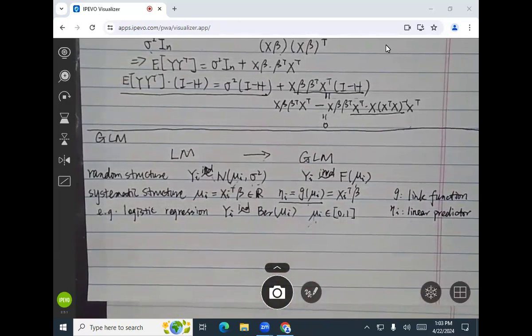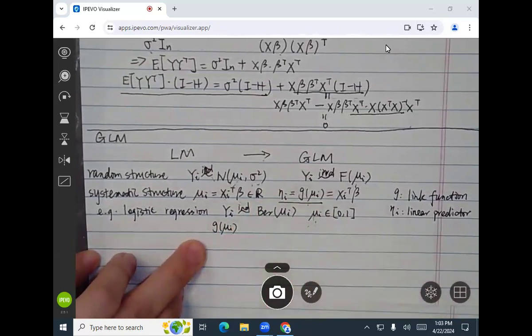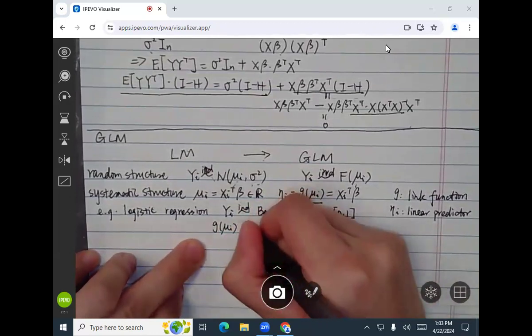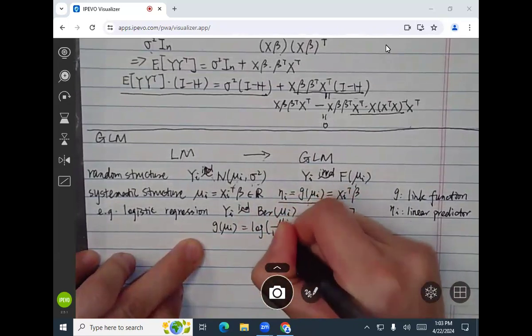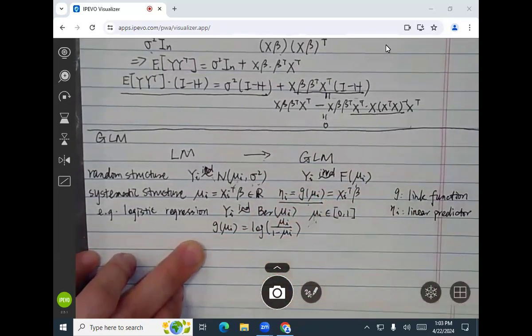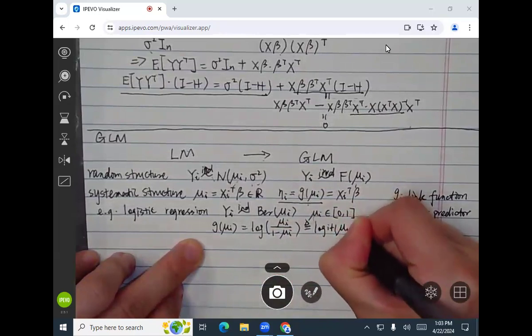Okay, so last time we talked about logistic regression. For logistic regression, g of mu i is the logit function. It's basically log of mu i over 1 minus mu i. We define this to be the logit function of mu i.